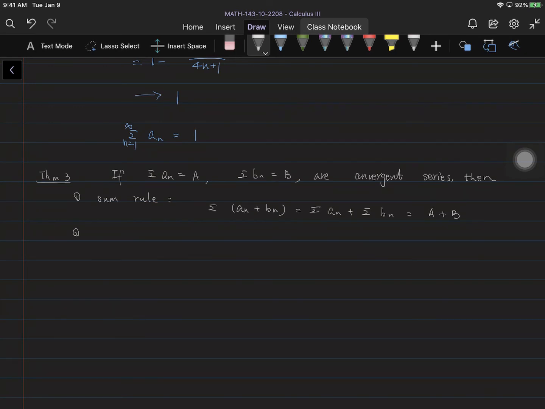The second one is called the difference rule. Difference means a_n minus b_n. And the same thing, separate them, and the sum is A minus B. The next one is the constant multiple rule.